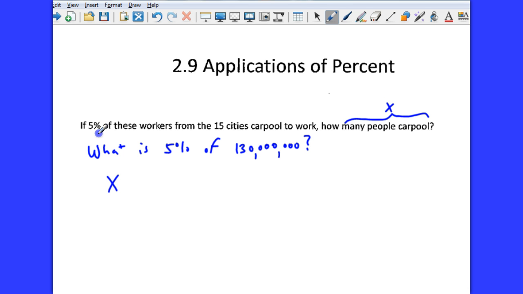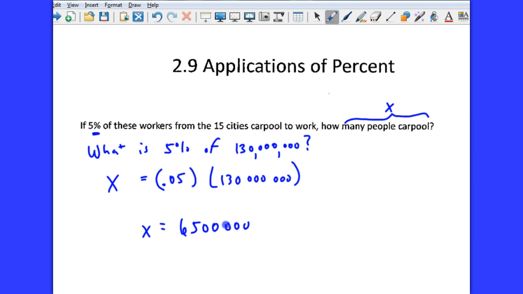Because I know that 5% carpool, x equals 5% times 130 million. Now that's 0.05, and make sure you understand why it's 0.05 and not 5 times 130 million. Multiply that out there, and it looks like it's exactly 6.5 million people carpool based on that study.